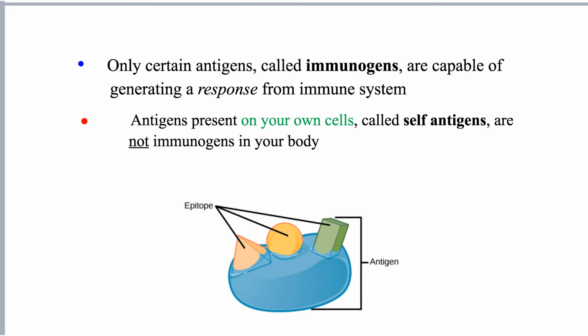Antigens deriving from your own DNA and presented on your own cells by MHC1 molecules are called self-antigens. They are not immunogens or epitopes. An antigen and its epitopes will be recognized as non-self.